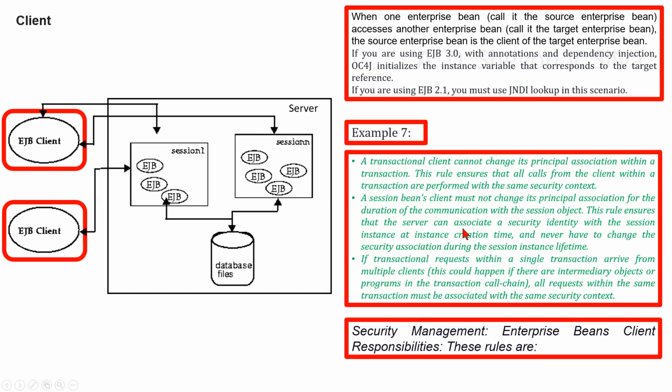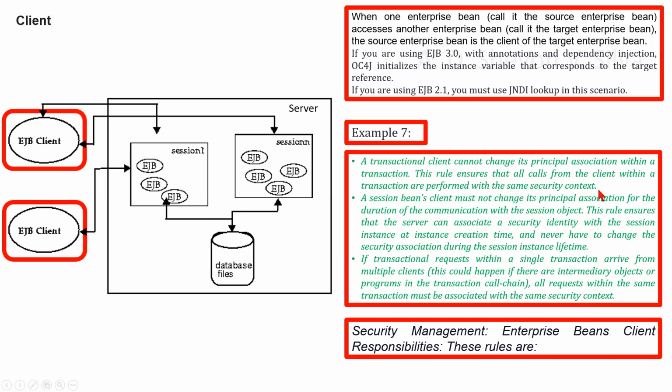Now we are considering enterprise bean clients' responsibilities in security management. Here we are defining the rules that an enterprise bean client program must follow to ensure that the security context passed on the client calls, and possibly imported by the enterprise bean, does not conflict with the enterprise bean server's capabilities for association between the security context and transactions.